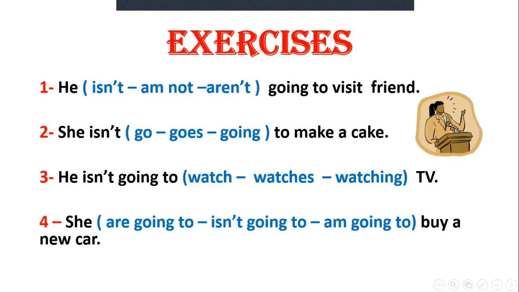She what: she are, or she isn't, or she am? We use which verb to be with subject she here: are or isn't or am? Great, excellent. We use isn't. She isn't going to buy a new car. Okay, great, excellent.